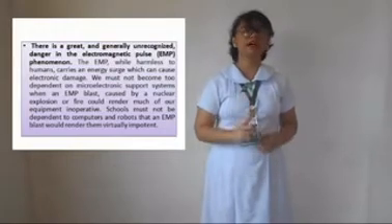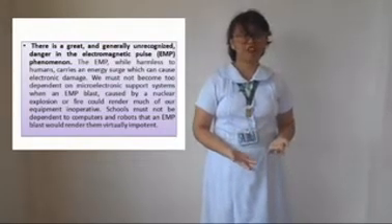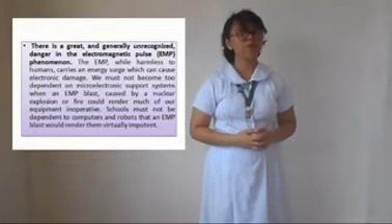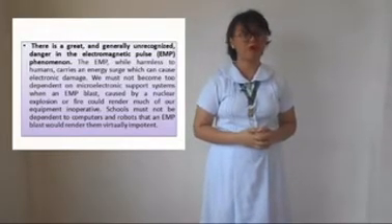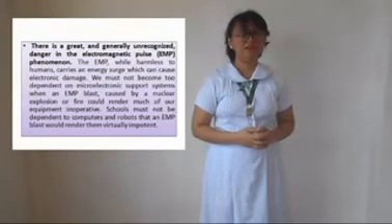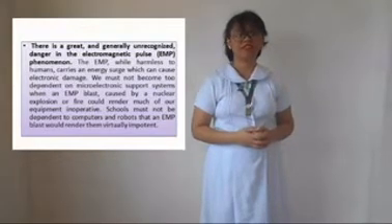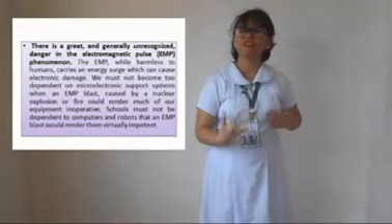We must not become too dependent on microelectronics support systems, while an EMP blast caused by a nuclear explosion or fire could render much of our equipment inoperative. Schools must not be so dependent on computers and robots that an EMP blast would render them virtually impotent.